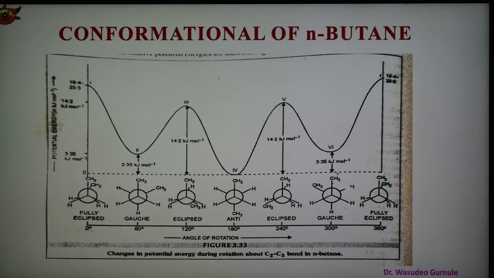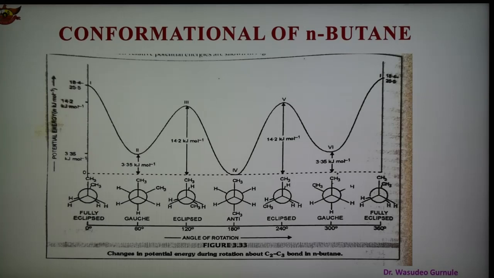Therefore, partially eclipsed conformations of n-butane are less stable than anti and gauche conformations. The two partially eclipsed conformers have equal energy. Experimentally, it has been shown that eclipsed conformations 3 and 5 are less stable than the gauche conformation by about 10.85 kJ per mole, and the anti-conformation by about 14.2 kJ per mole.